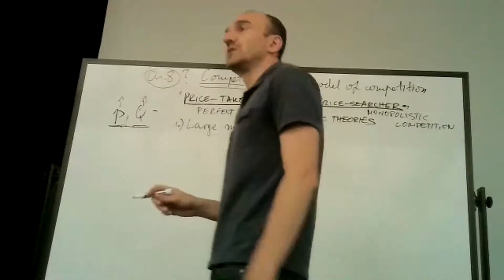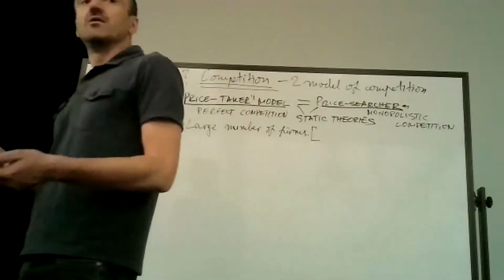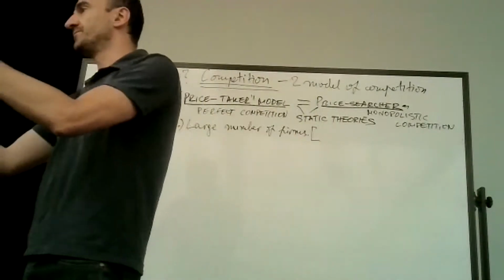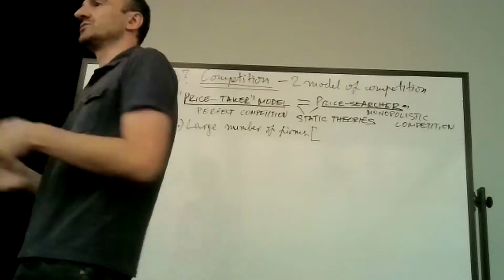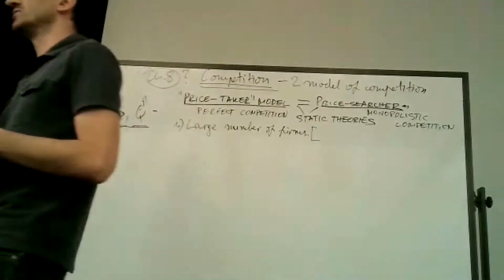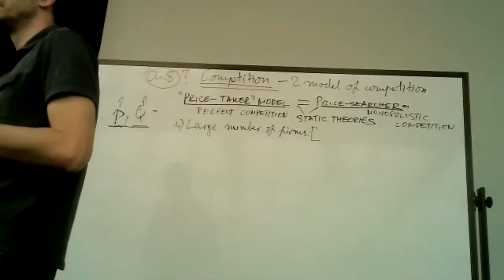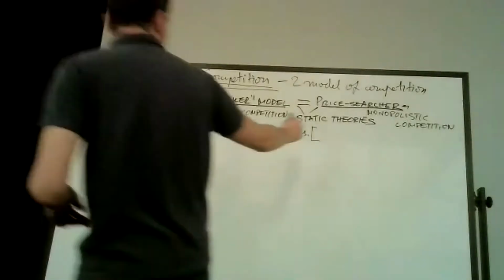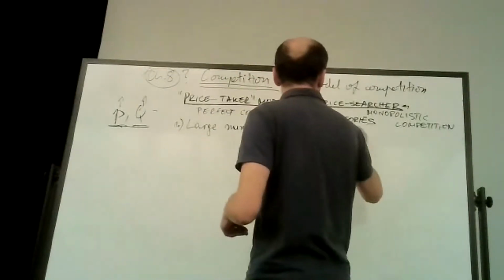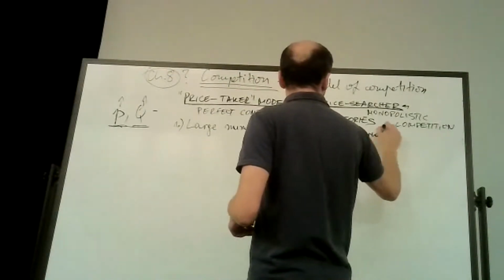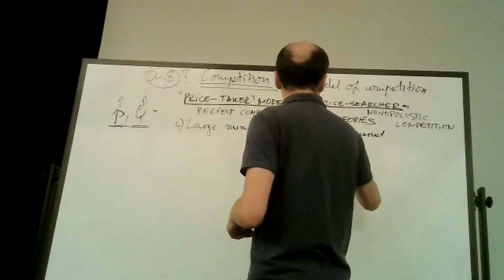We know that not all real markets conform to this expectation of having a huge number of competitors, but some markets do. For example, the stock market or some agricultural markets.